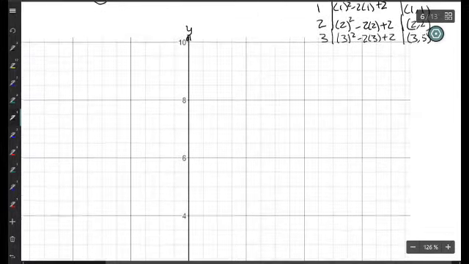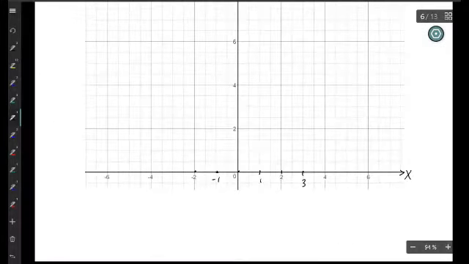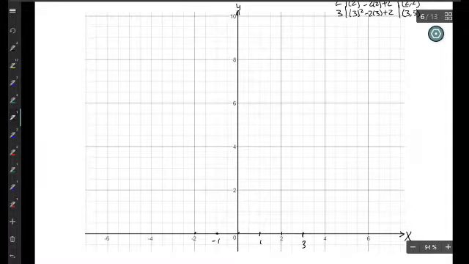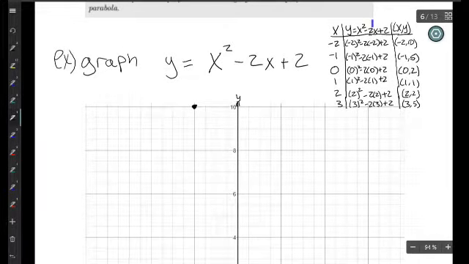Alright, so negative 2, 10. That gets us, here's negative 2. Here's 10. So a point there. And negative 1, 5.